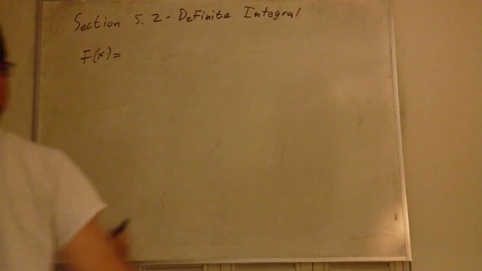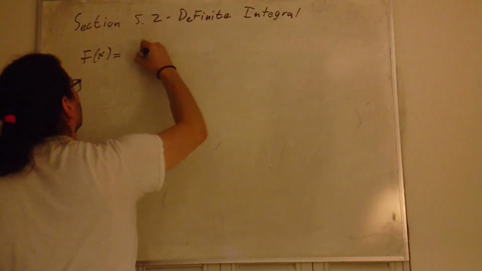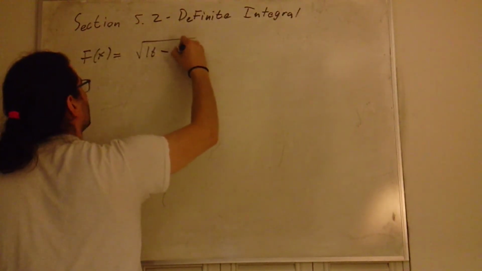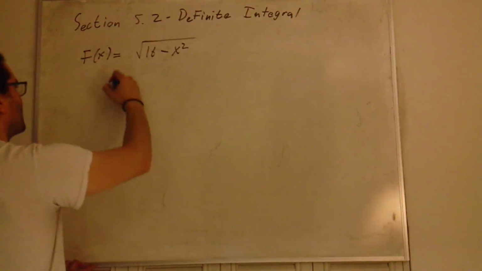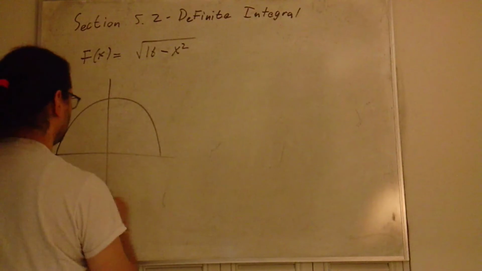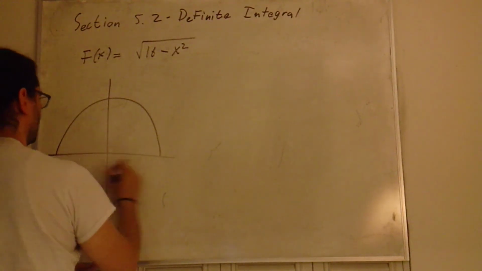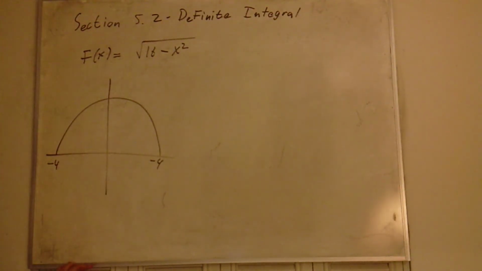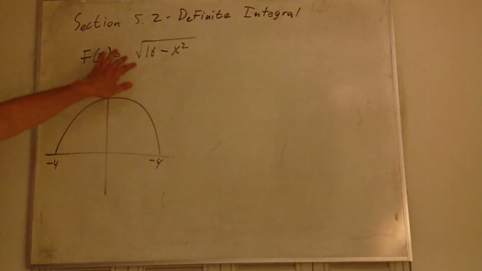Let's say f of x equals the square root of 16 minus x squared. This is a semicircle of radius 4. Hopefully you can just sort of recognize this.